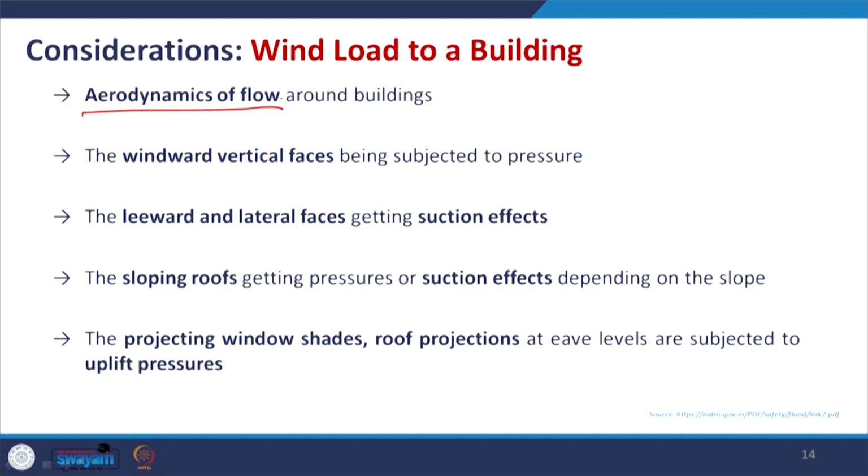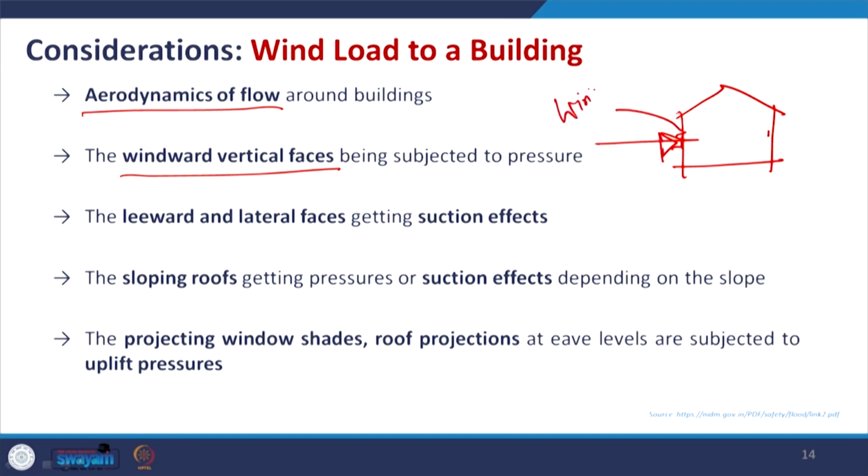The second point is windward vertical faces being subjected to pressure. Windward means that in your building there is a prevailing wind direction. If wind is coming from this direction, this is called the windward face, and the opposite to that is basically your leeward.